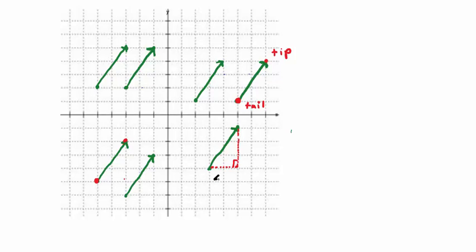The Greek symbol delta looks like a little triangle. We think of delta x as one quantity, and delta x means change in x, or change in the horizontal.